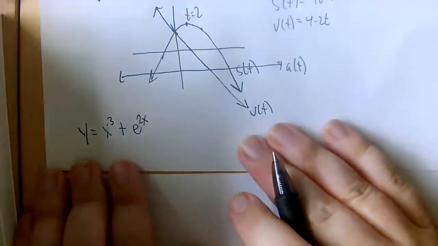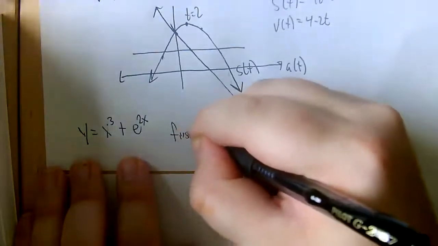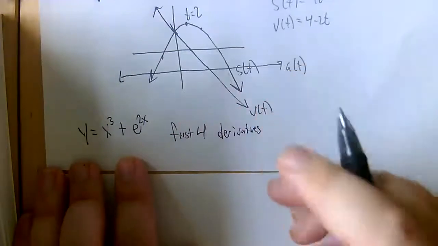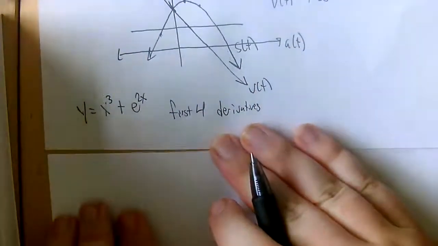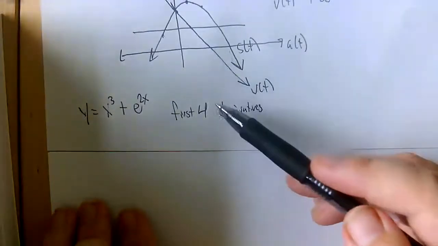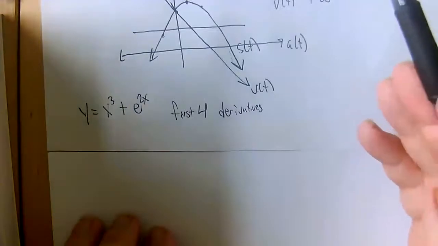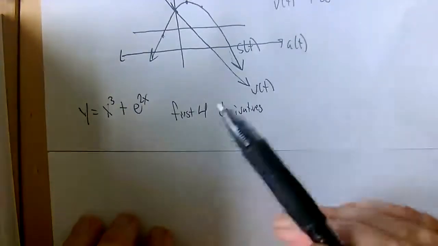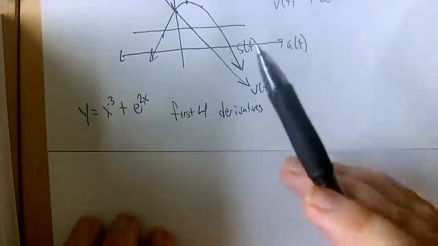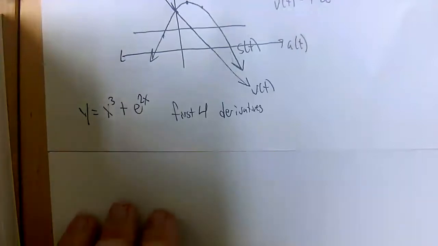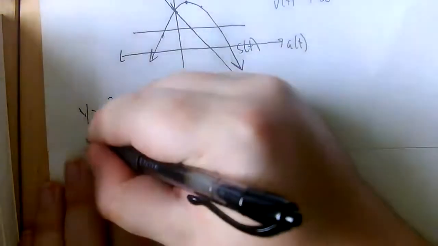What I want to do is find the first 4 derivatives of this function. We saw a second derivative earlier. We're going to go as far as 4 derivatives, and there's actually no real limit to the number of derivatives that you can take, so long as each function successively is differentiable. If we ever end up getting an absolute value in there, that might be a problem. But typically polynomials and exponential functions, we won't run into trouble with.